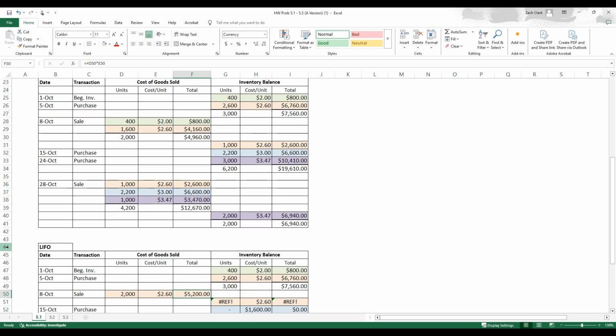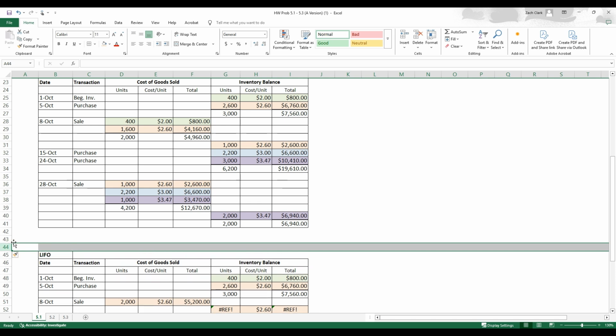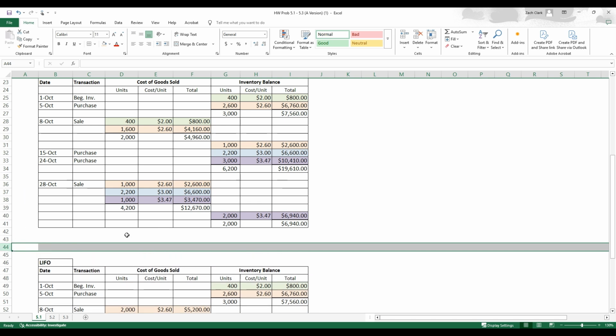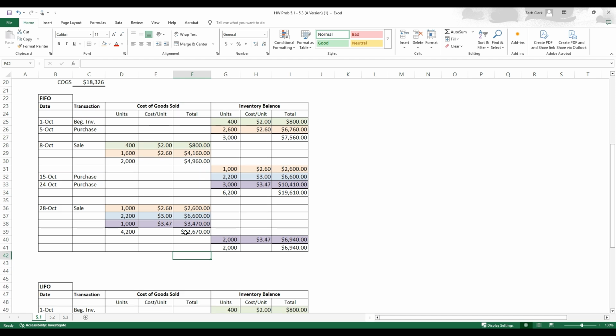Oh, and sorry, one thing I didn't do, but I need to, is let's do our total cost of goods sold. Let's do a little double underline here. So this is total cost of goods sold. These are the individual costs of goods sold related to these singular sales transactions.